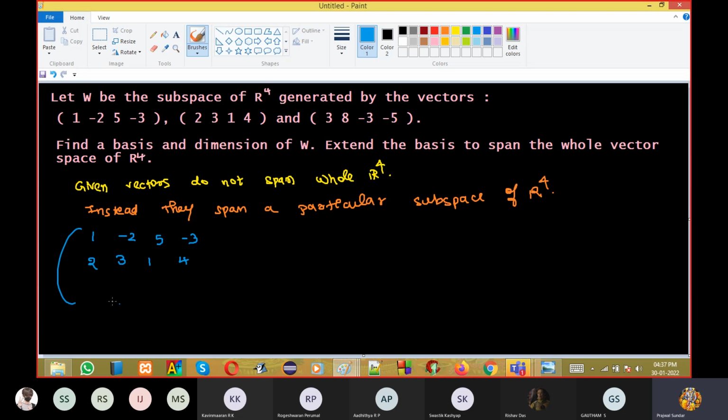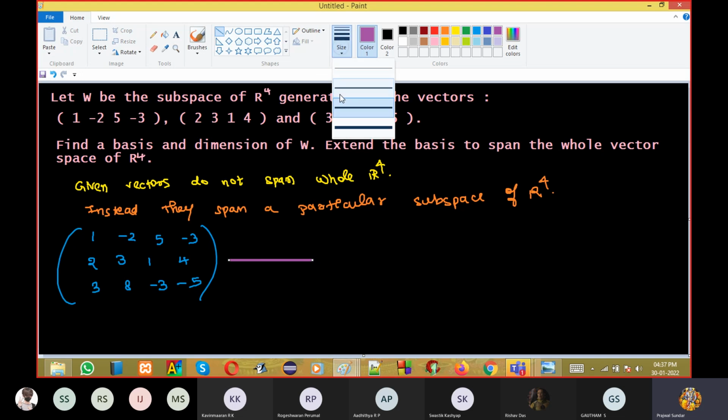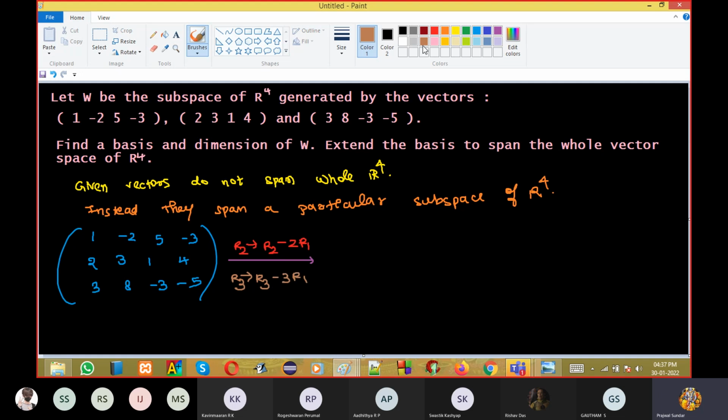This is row echelon form. You get practice because in so many problems you are doing the same thing again. So I will do row 2 implies row 2 minus 2 row 1, and row 3 implies row 3 minus 3 row 1.